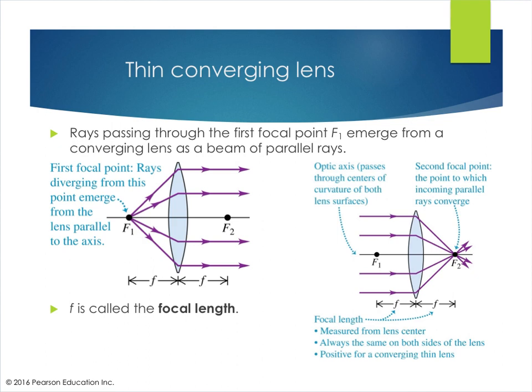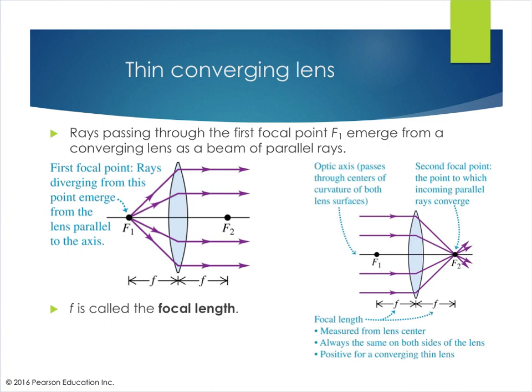Here is another slide where we're focusing on the converging lenses. In this picture, notice that we consider the focal points to be on either side of the lens. We can think of light rays that originate at the focal point on the left-hand side of the lens: they will pass through the lens and then be focused to be parallel to each other as they go through the lens.